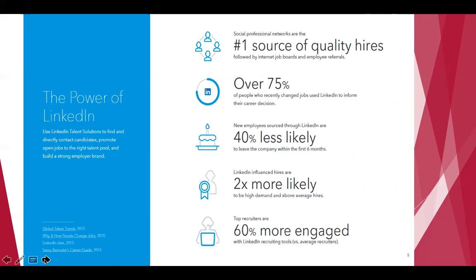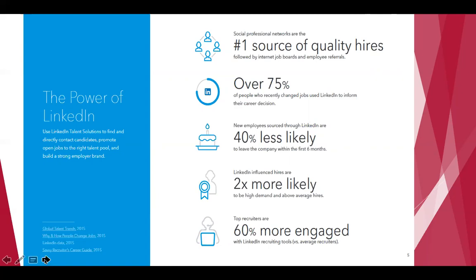But when it comes to social media platforms, and you saw how many are there, 19 of them so far, number one source of quality hires is LinkedIn. Over 75% of people who recently changed jobs use LinkedIn to inform their career decision. So that means that the platform really works. The matches are made, and whether you're a career changer or whether you are unemployed right now, the platform works for you.